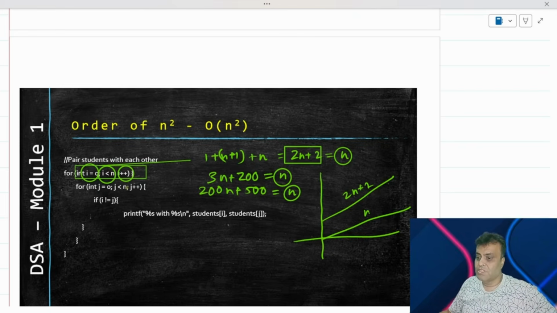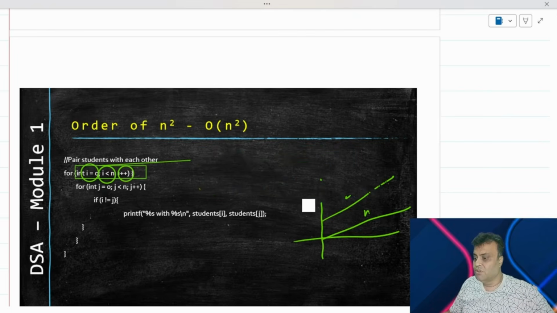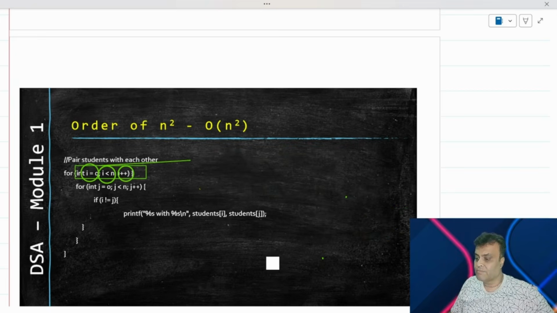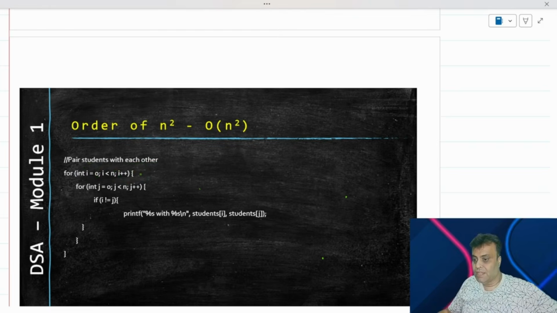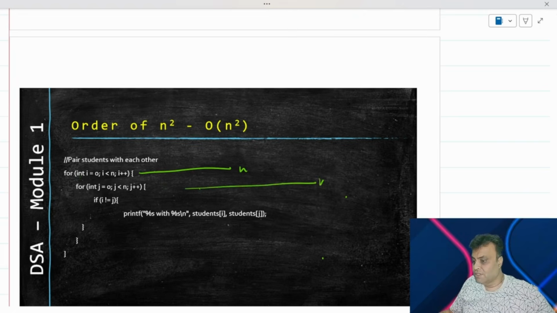So if we have established that, let us remember this going forward: for all loops, for the for condition, we are going to write an order of n. So we will say that this line executes in an order of n. If this line executes in an order of n, then all the lines inside will execute in an order of n, isn't it?